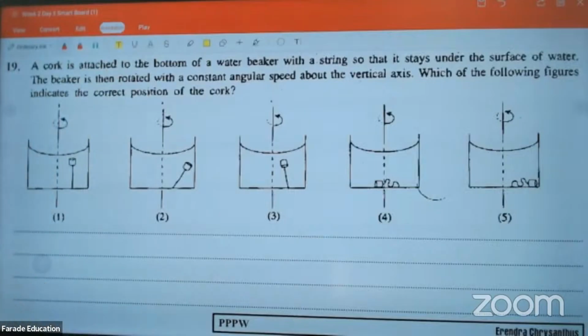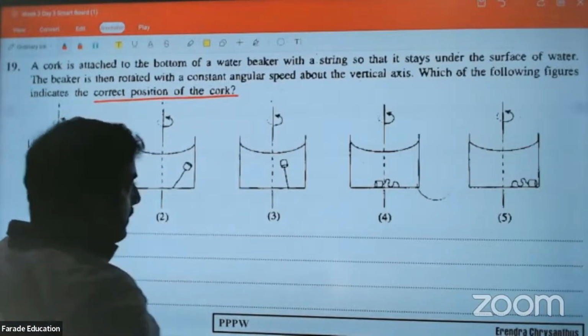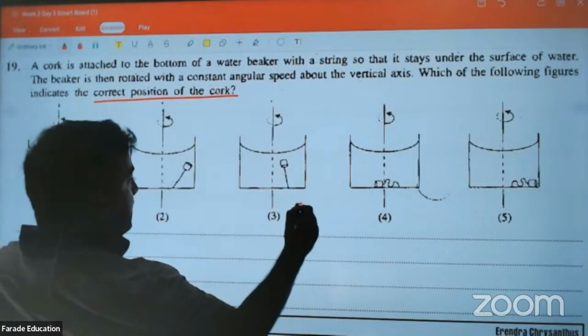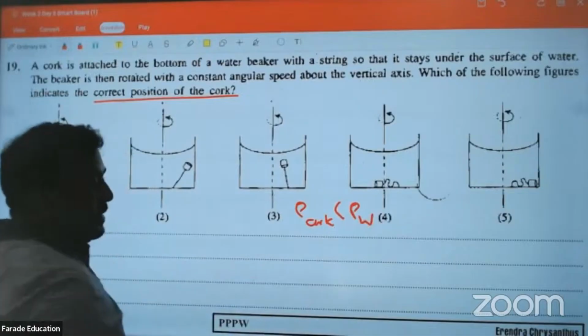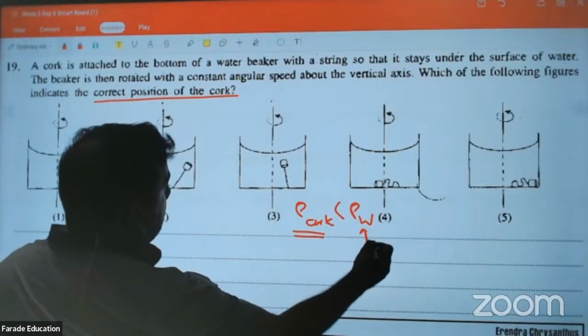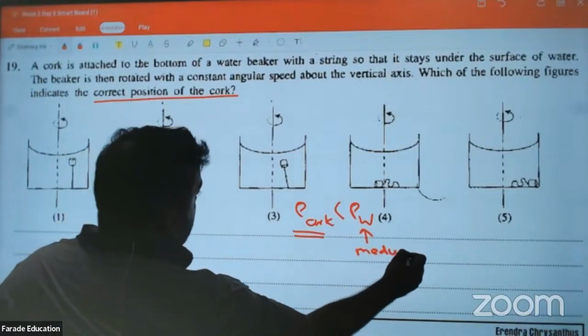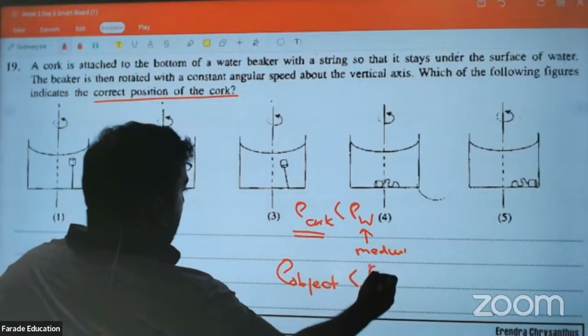A cork is attached to the bottom of the beaker and it stays underwater. The beaker is rotating at constant angular speed. Which of the following indicates the correct position of the cork? Remember, the cork is less dense than water. That means the object's density is lesser than the medium density.